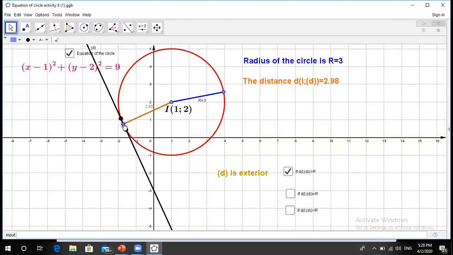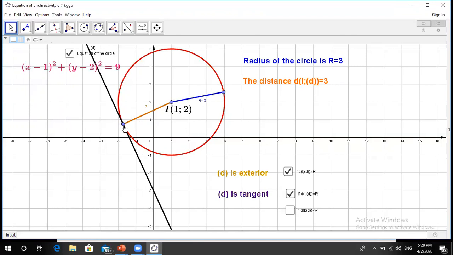Assume it's a 3, no problem with that. 2.99, it has to be exactly 3 for sure. If the distance between the circle and the line is exactly 3, as you can see here, then what can be said about the relative position of the line and the circle? The line is tangent to the circle, and in this case, you have exactly 1 point of intersection.